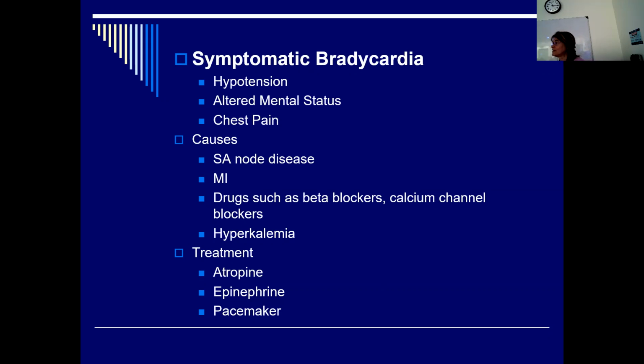You'll notice that they're lethargic, not responding quick enough. That's a sign of altered mental status, a sign of not having enough cardiac output. Another sign of being unstable or symptomatic is having chest pain. So hypotension, altered mental status, and chest pain.